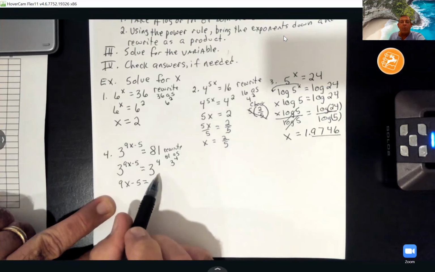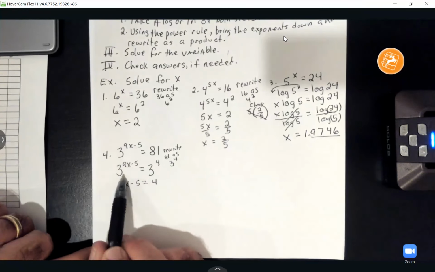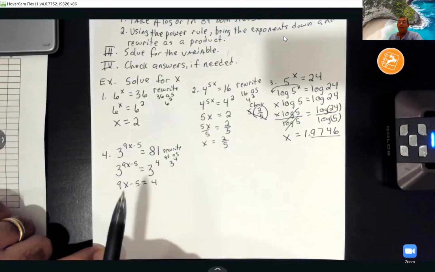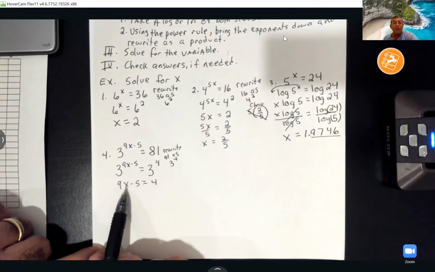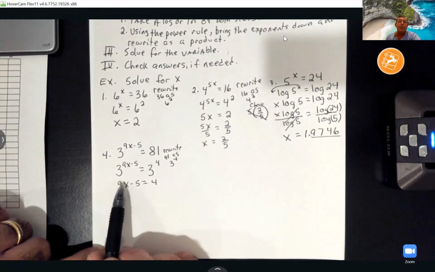If they're both equal, and we got a 4 here, yeah, 9x minus this 5 has to equal 4 for these to still be equal, right? What we need to do now is solve this for the x, so that when I put in my number for the x, multiply by 9, and then subtract 5, this whole thing has to equal 4, okay?